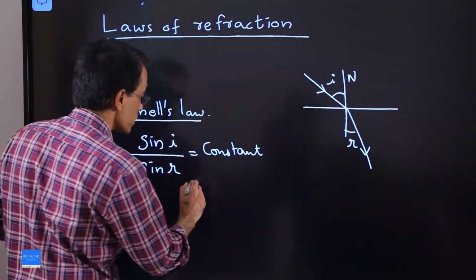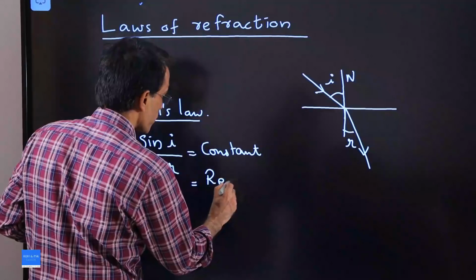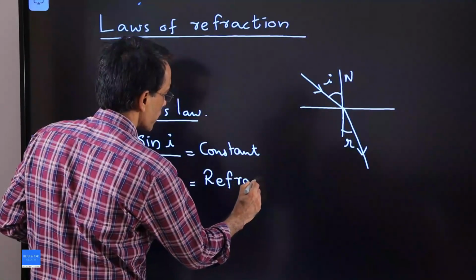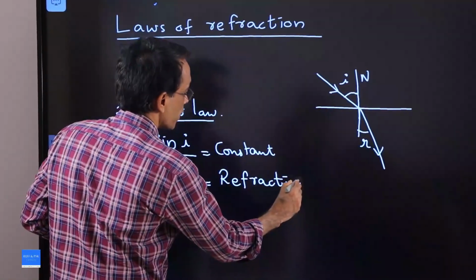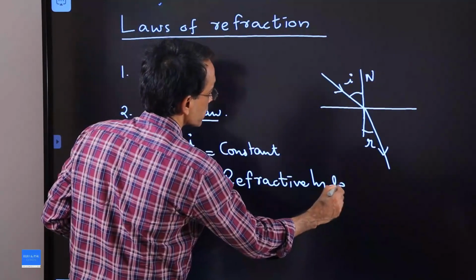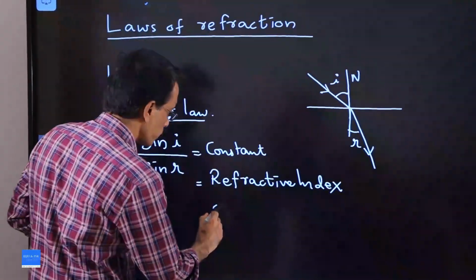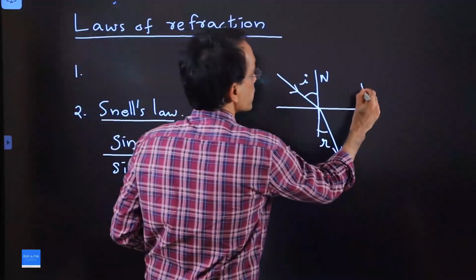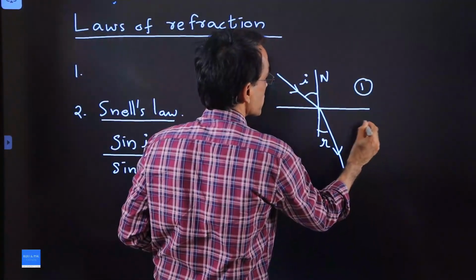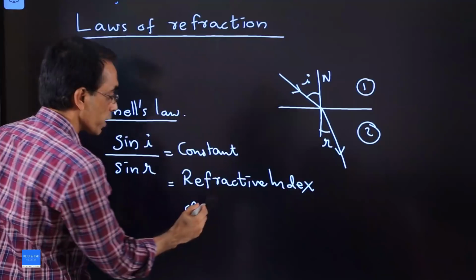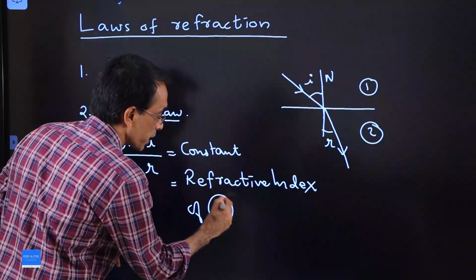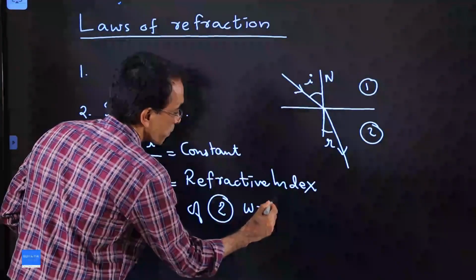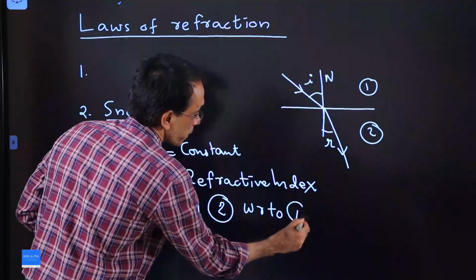And this constant is called the refractive index. You call the first one the first medium, and the other the second medium; it is the refractive index of the second medium with respect to the first medium.